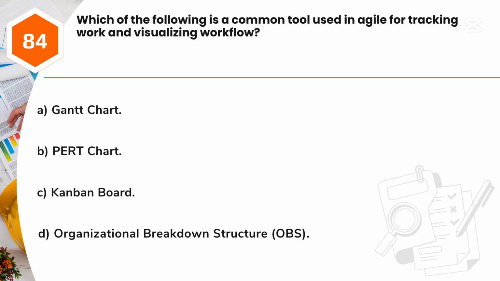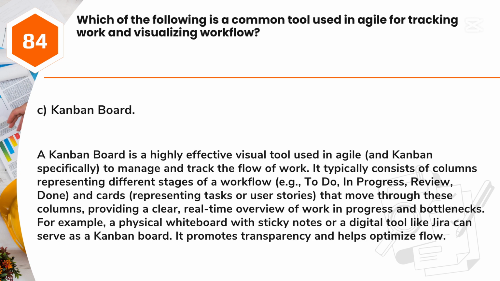Question 84. Which of the following is a common tool used in Agile for tracking work and visualizing workflow? A. Gantt chart. B. PERT chart. C. Kanban board. D. Organizational breakdown structure, OBS. Answer. C. Kanban board. A Kanban board is a highly effective visual tool used in Agile, and Kanban specifically, to manage and track the flow of work.